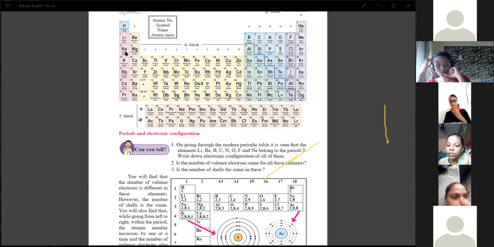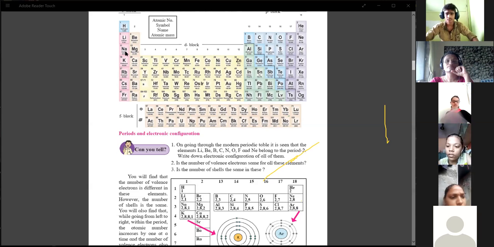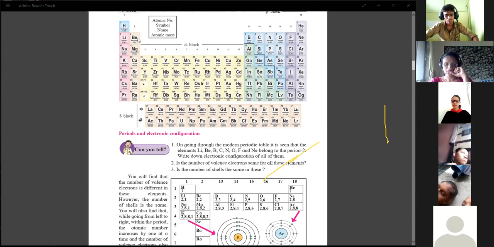Second answer: which of these elements belong to the second group? Calcium and beryllium. Now the third question.